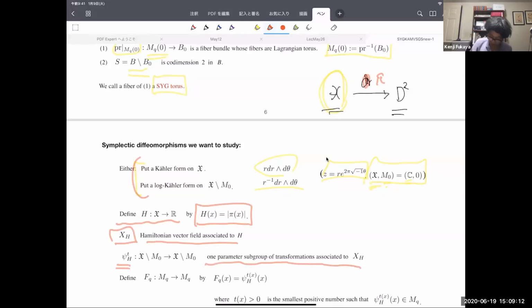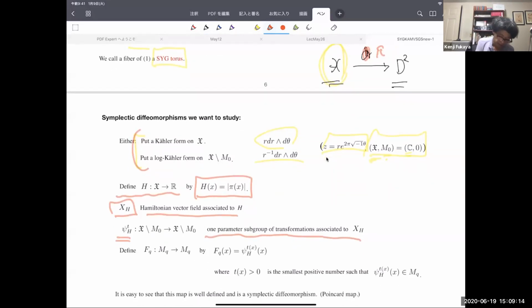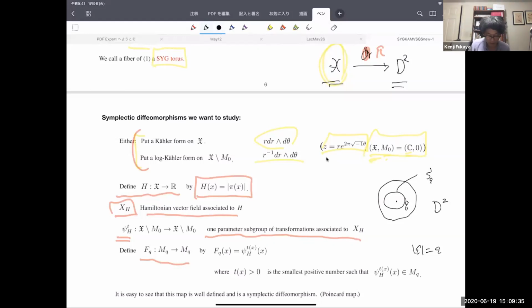And I want to take this Poincaré first return map F_q. That is the following: we consider this disk D2, and then we start from q, where the absolute value of q is epsilon, so this is a circle of radius epsilon, S1. Of course this is a Hamiltonian vector field, so it preserves the Hamiltonian.